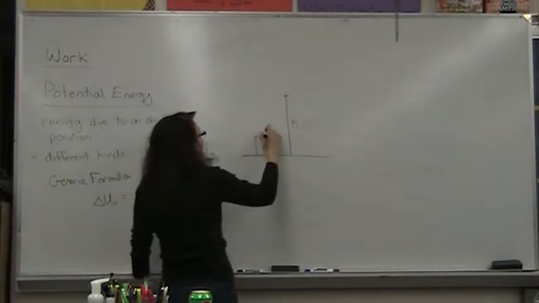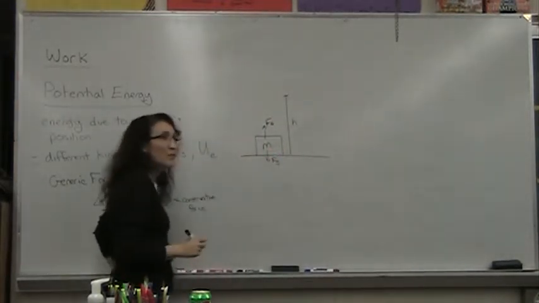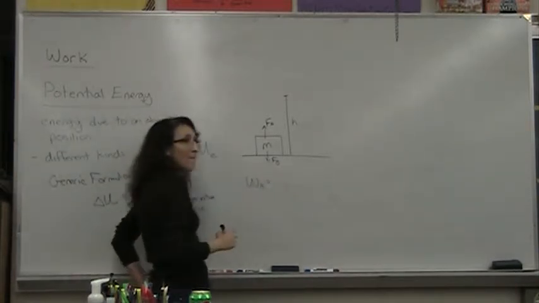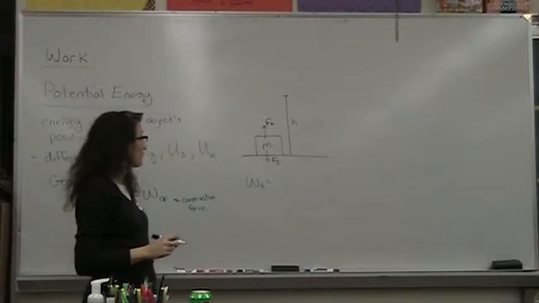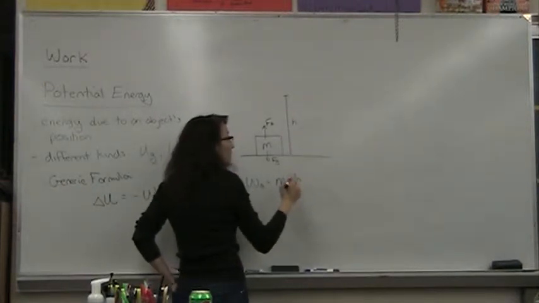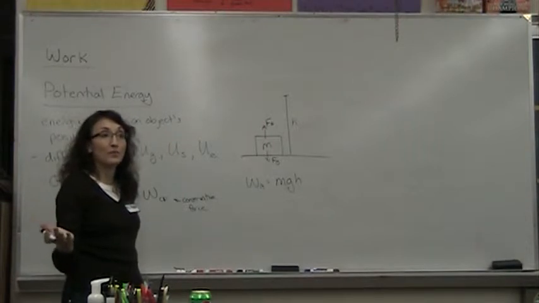So there's going to be an applied force, and there's going to be gravity. So how much work would the applied force do? MGH. So it's going to be the F of mg, the distance of h, and a cosine of 0.